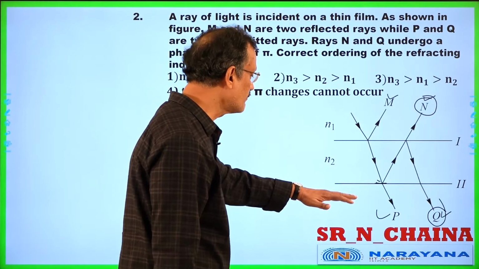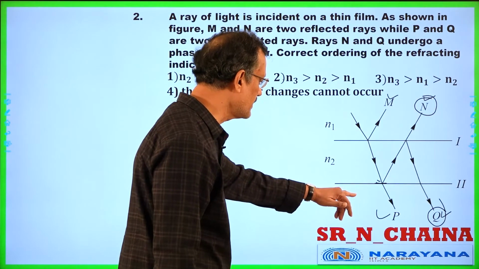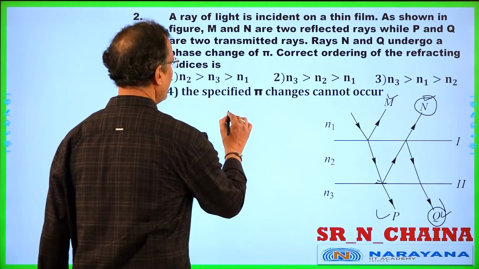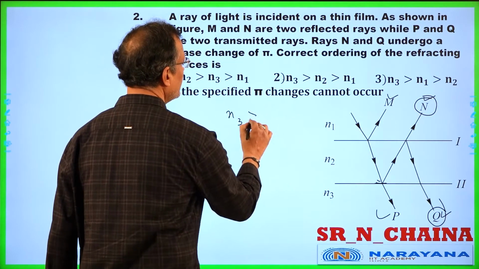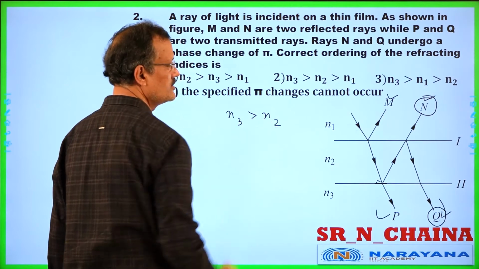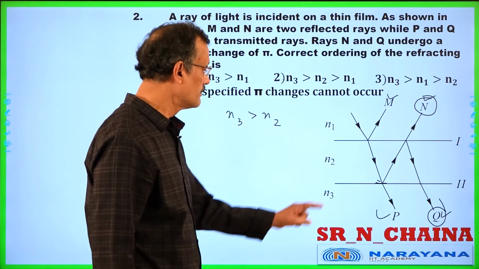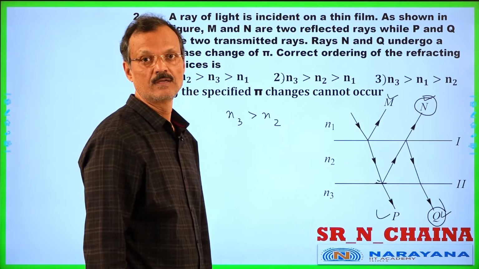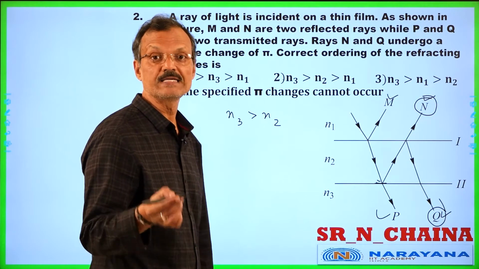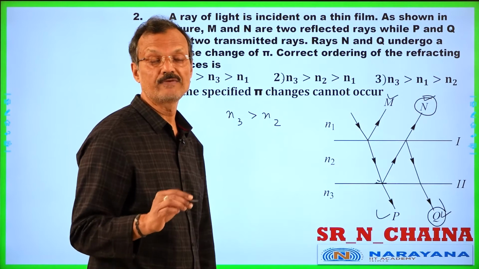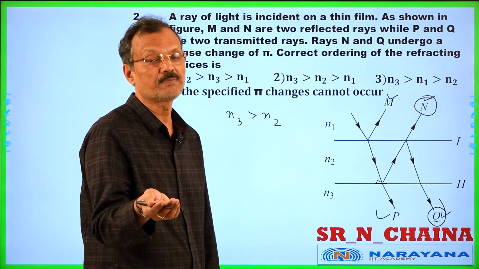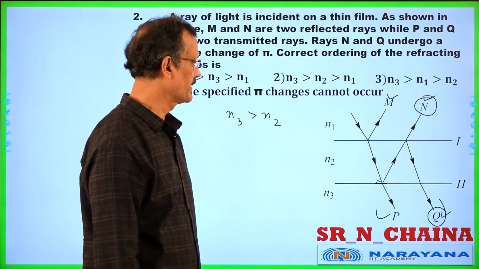It means N3 is greater than N2. Why? Because phase change of pi is occurring here. This phase change of pi is possible only when a ray goes through reflection from a surface backed by denser medium.